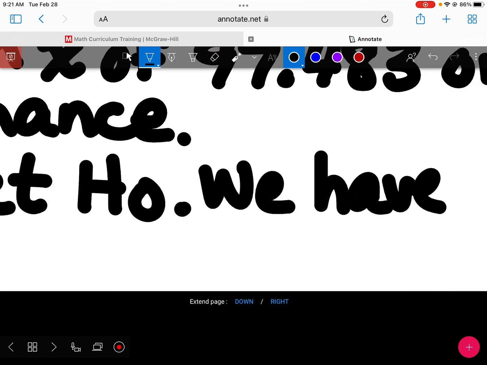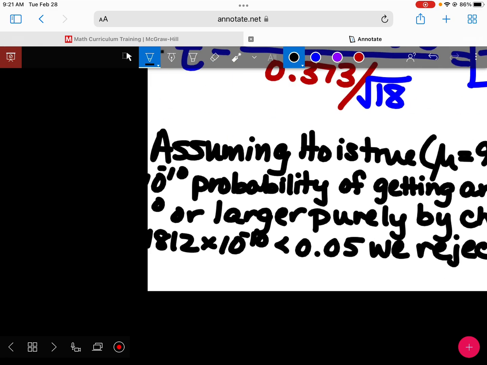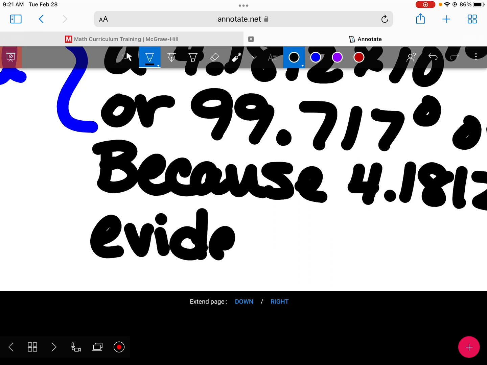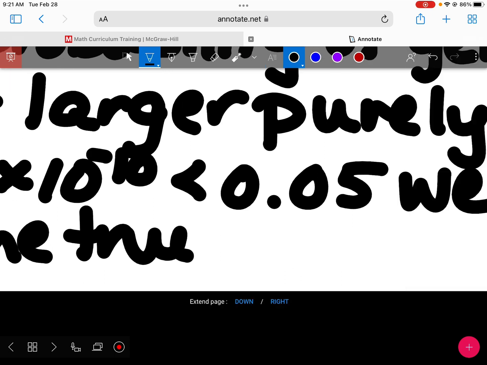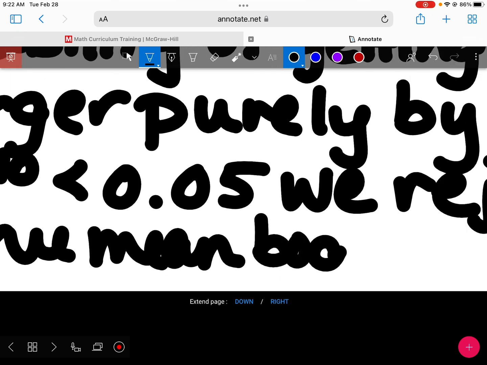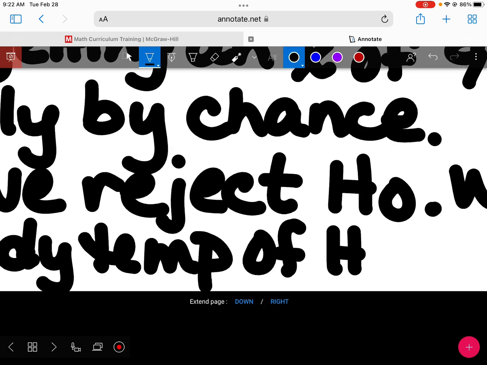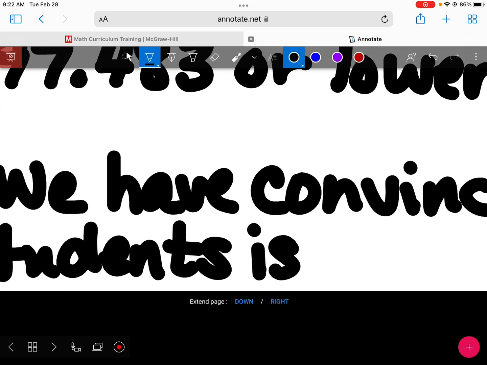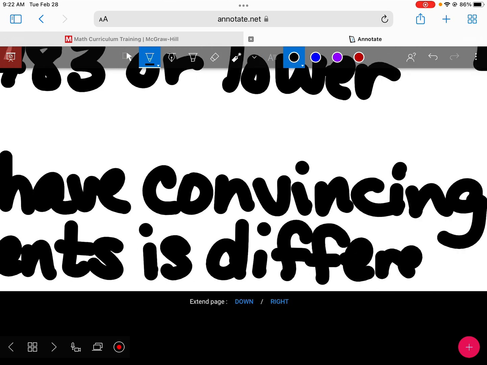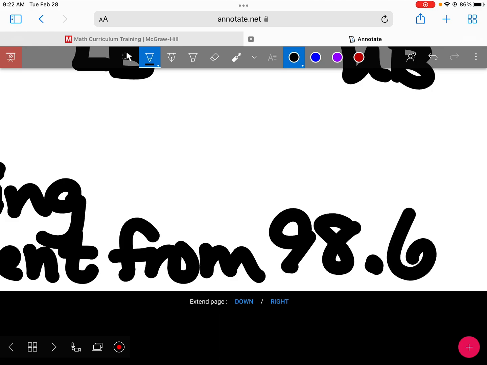Yes, we have convincing evidence that the true mean body temperature of high school students is different from 98.6 degrees Fahrenheit.